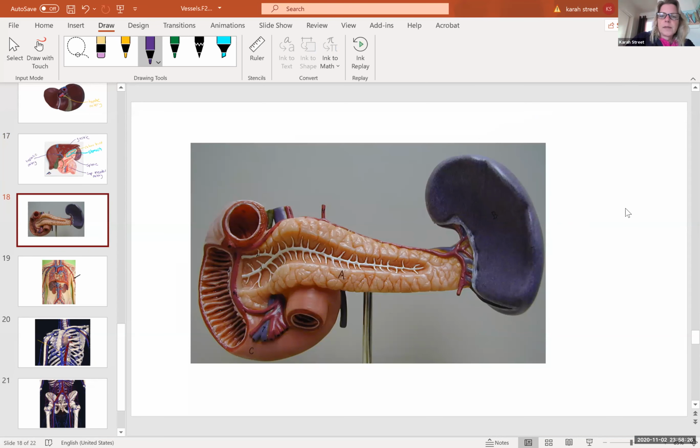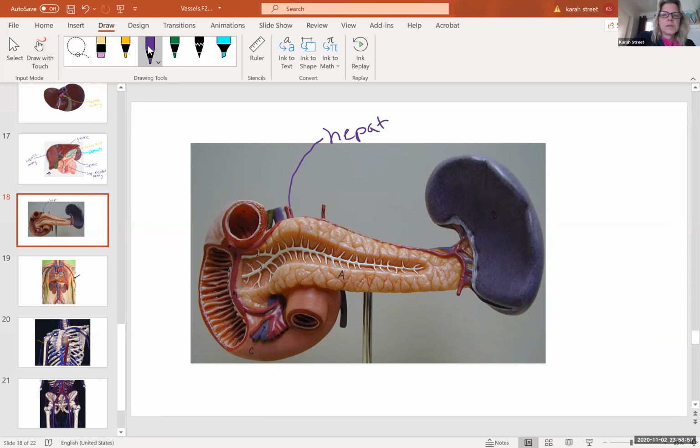Okay, now this is another good model. Here is the celiac trunk. Nope, sorry, scratch that. Nope, different model. So you're not seeing the celiac trunk, rather you're seeing branches of the celiac trunk. So that one is the hepatic going up to the liver.